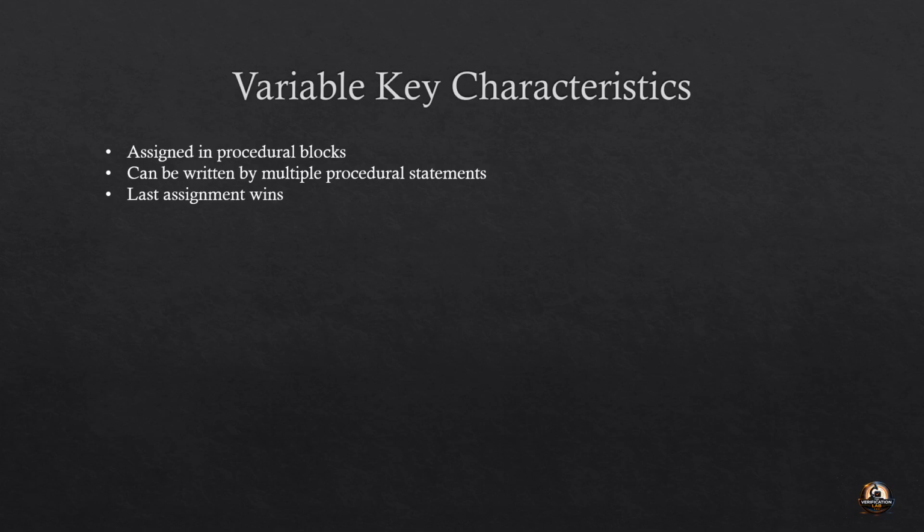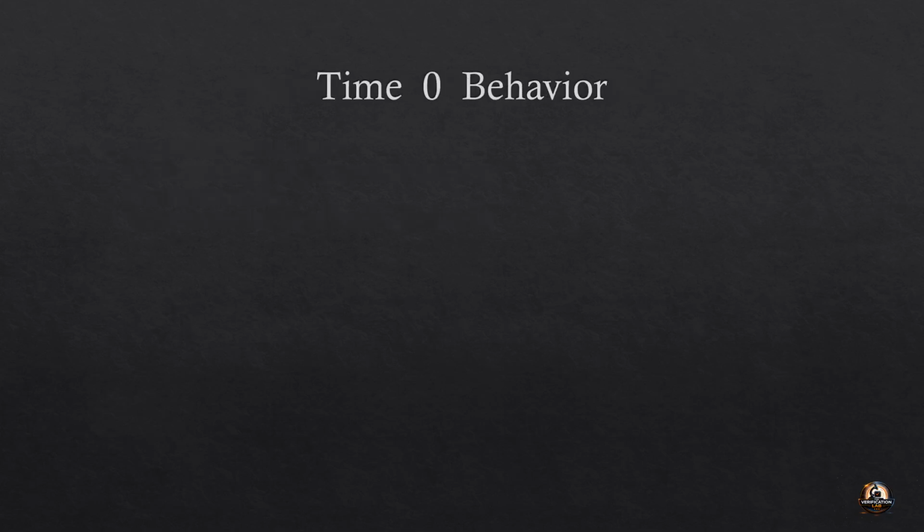And the last assignment wins. It can cause a race-around condition if multiple blocks write the same variable. So if two blocks write the same variable, we can have a race-around condition.